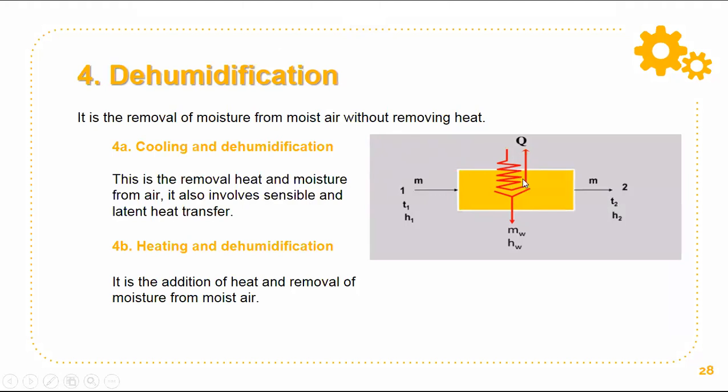So Q out, and you see here moisture out. This involves, just like humidification with heating, sensible and latent heat transfer as well. If it's heating and dehumidification, it is the addition of heat and removal of moisture from moist air.